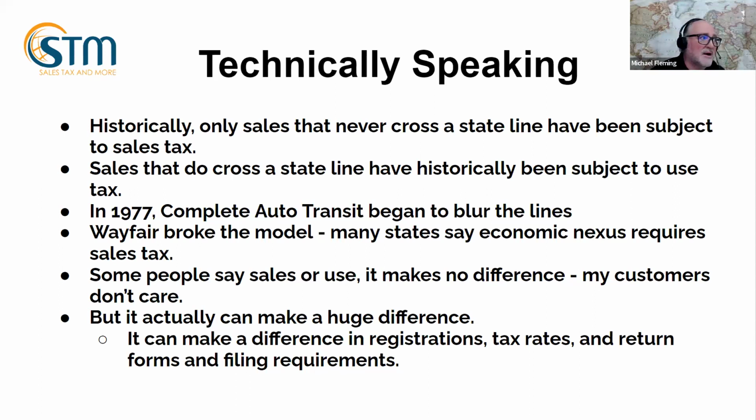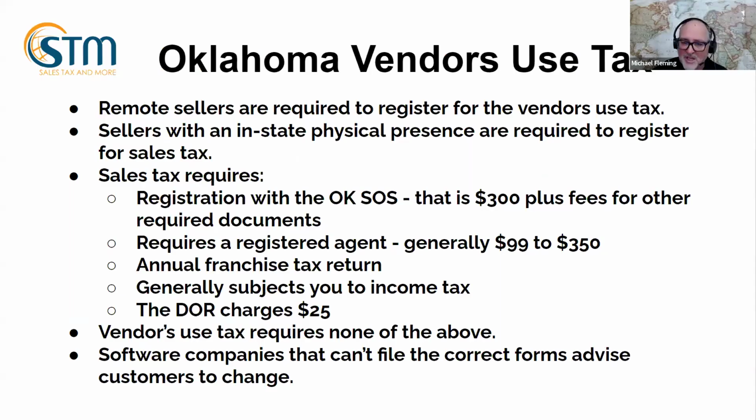So let's look at the Oklahoma vendor's use tax. This is a state where they've kept a distinction between the sales tax and what they're calling the vendor's use tax. It's a seller's use tax, retailer's use tax. Different states call it different things. Oklahoma calls it the vendor's use tax.